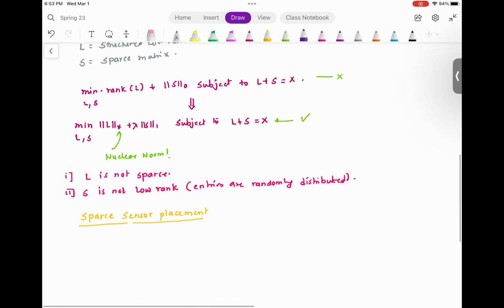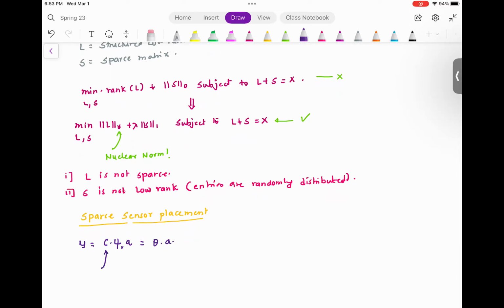This problem is written as y equals C Psi a, and that can be represented as Theta times a.